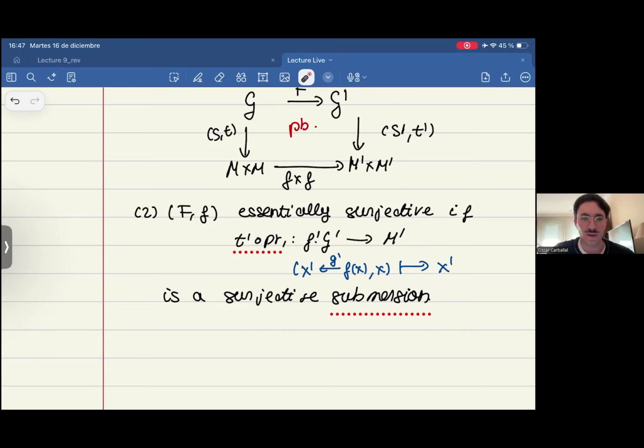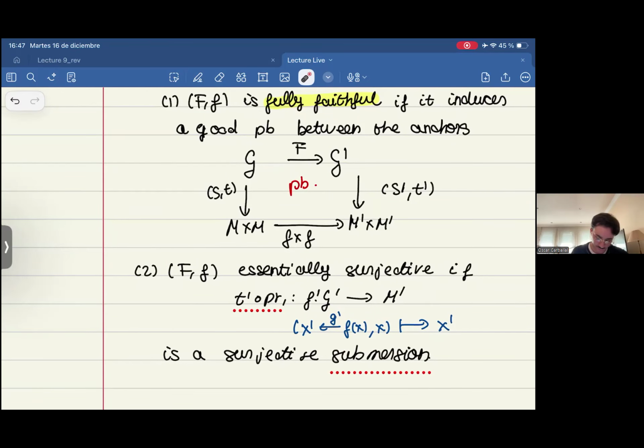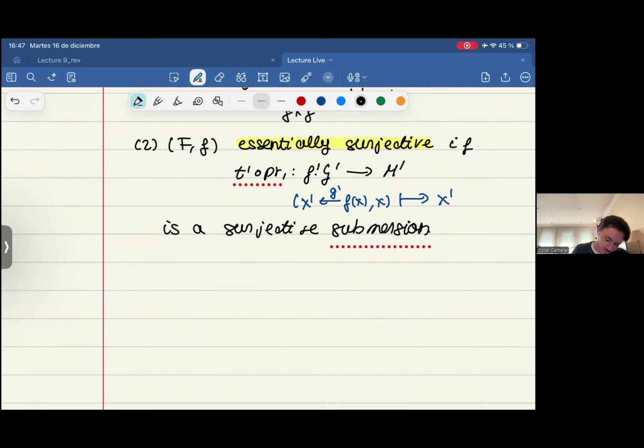Okay, and then we see precisely that a morphism of Lie groupoids which is both fully faithful and essentially surjective is a Morita map. And indeed, Morita maps, as we will see, are more natural than what one should think after seeing the very first definition, right?